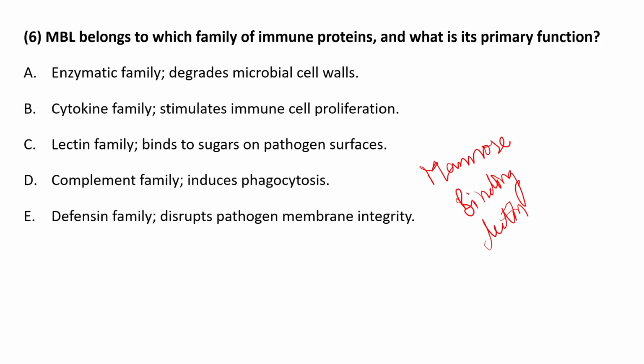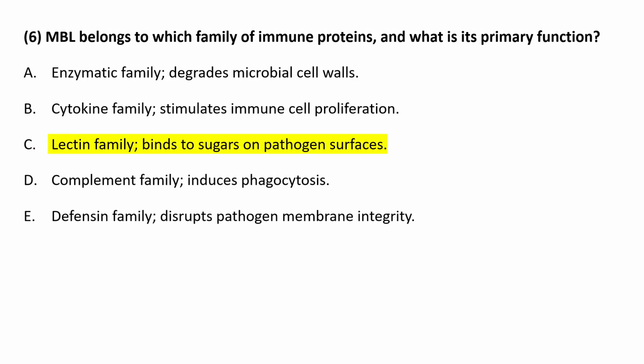From the name also we know that this is a sugar, so this is the lectin family. It will bind to sugar on the pathogen surface. It will take this mannose as a PAMP on the pathogen. So it will recognize the sugars on the pathogen surface and bind to that. So this is the correct option.